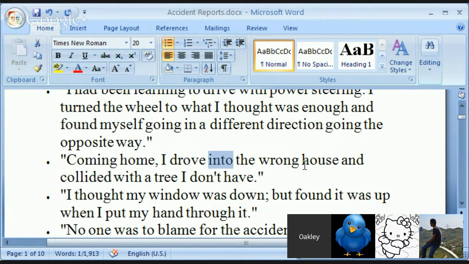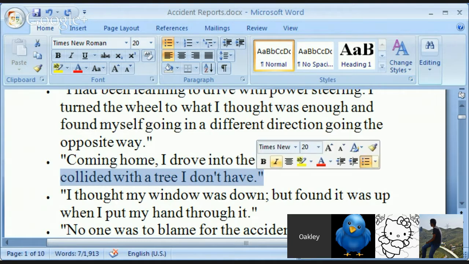Okay. Maybe I drove to the wrong house. That just shows direction. That might be a little better. And then, of course, we have the second verb in the sentence. He drove, and then the second verb, he collided with a tree. Collided with a tree I don't have. That doesn't make sense.